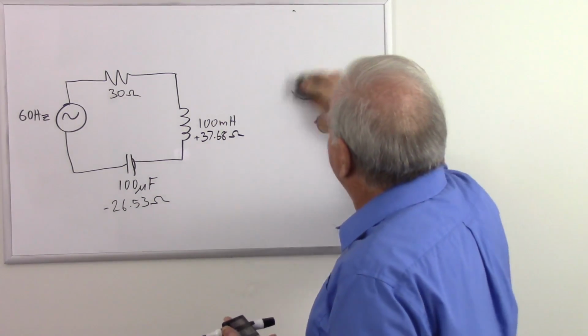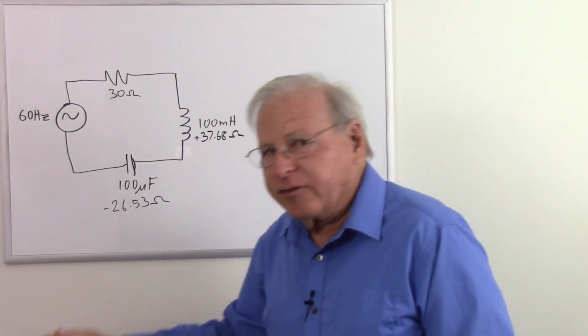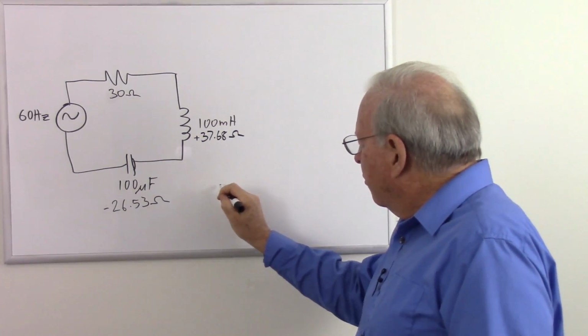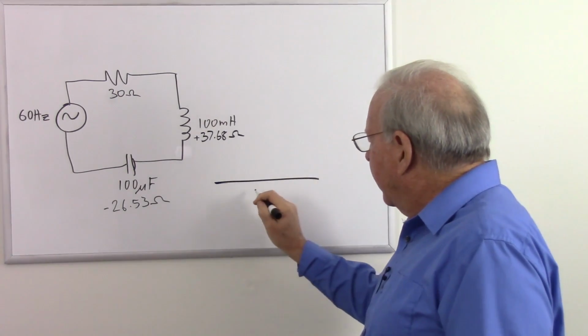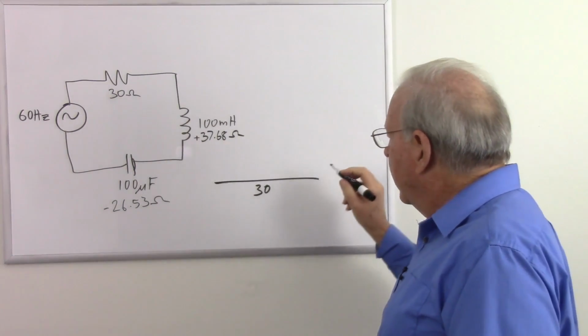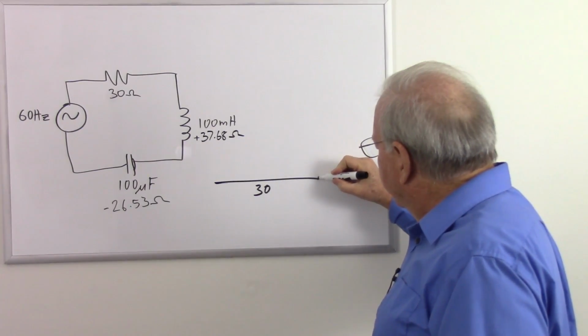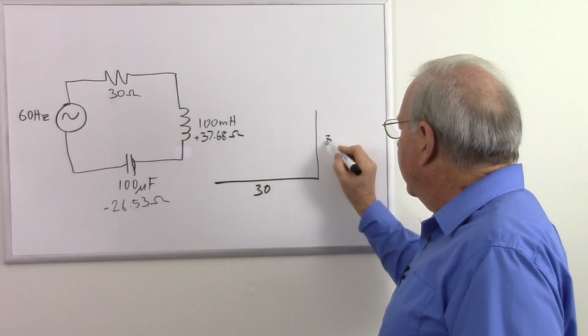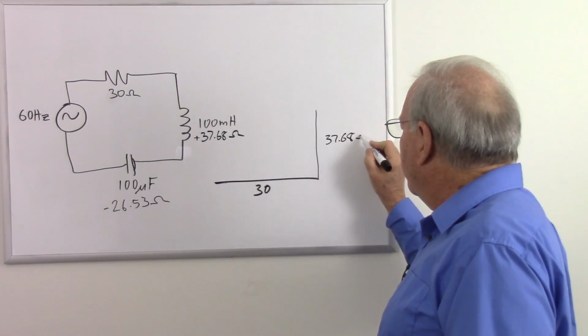So our inductive reactance and our capacitive reactance are simply subtracted from each other. So let's draw our triangle here, and that's going to be represented by 30 units, which is our resistance. And our inductive reactance is positive, so by convention we go up for the inductive reactance, and that's 37.68 ohms.